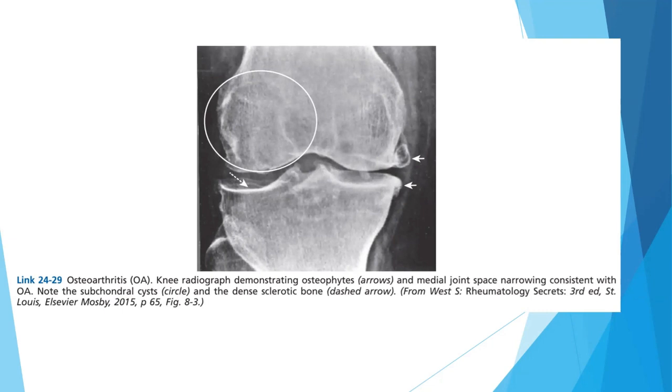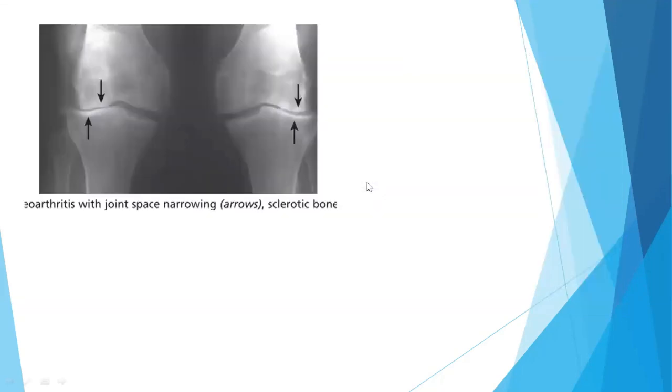Generally they provide you with the X-ray of the knee joint, and the thing that you have to appreciate here is the joint space narrowing in the case of osteoarthritis. You can see how close the two bones are here in the joint space. Again in this picture you can see the joint space narrowing. This is the typical picture of osteoarthritis.